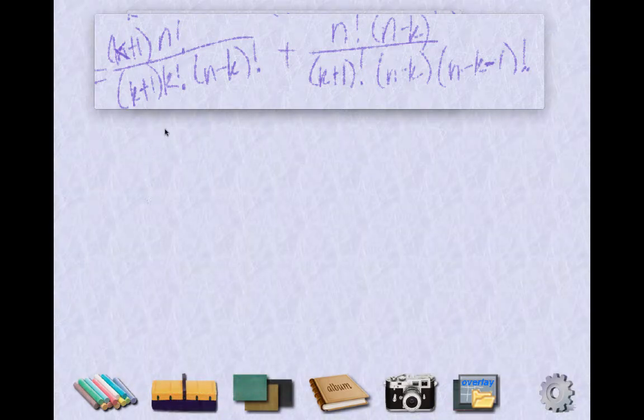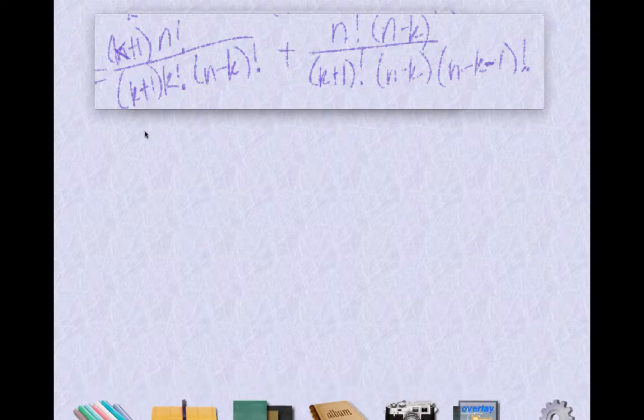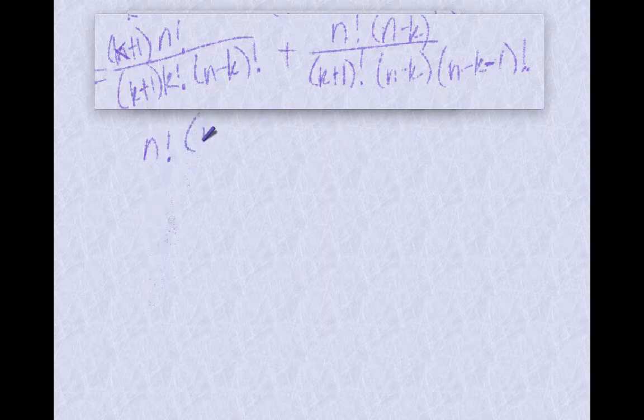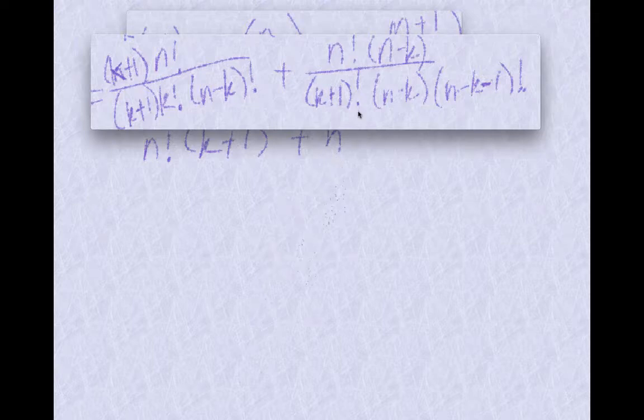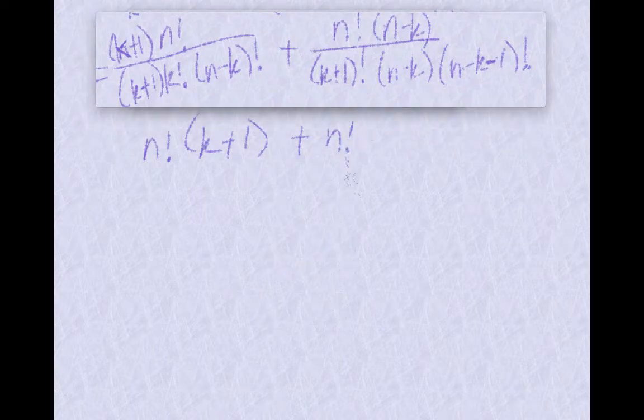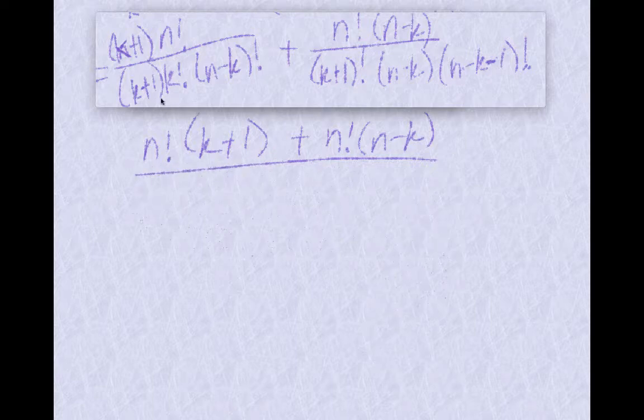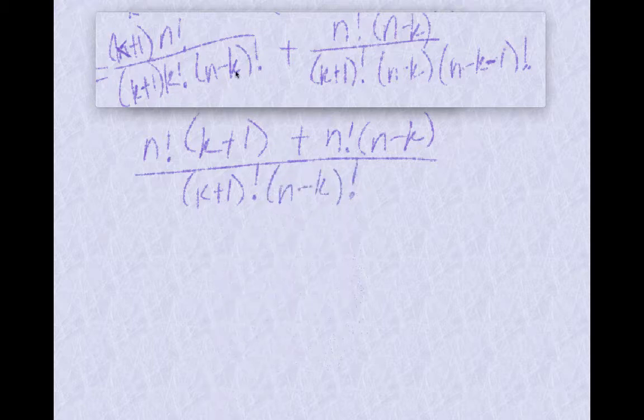Okay, so now that I have a common denominator, I need to work out what it is. So I have n factorial times k plus 1 plus n factorial times n minus k over k plus 1 factorial, n minus k factorial. Remember, that was the goal.